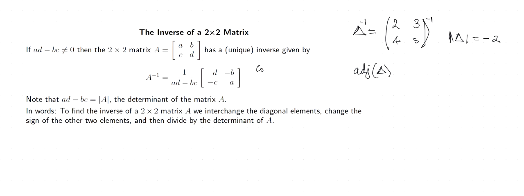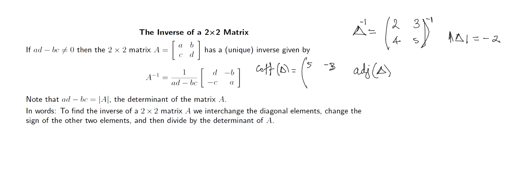Cofactor of delta will look like 5, minus 3, right? Yes, sir. No, not 5, it's a 2. No, 5.